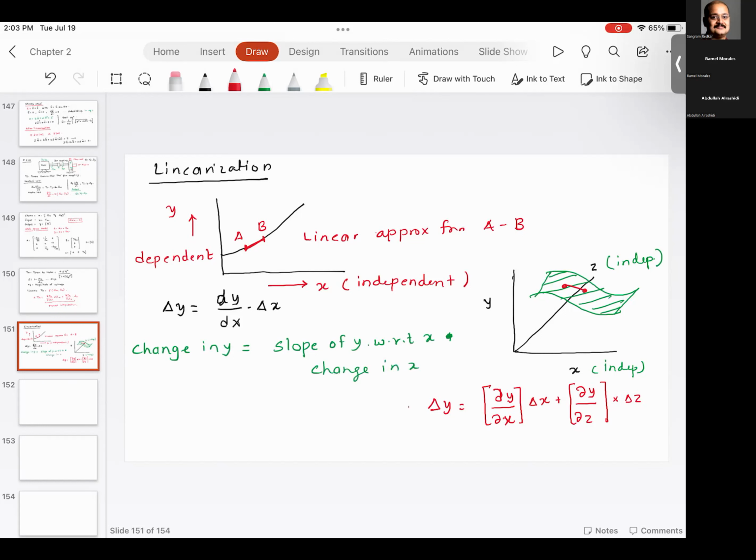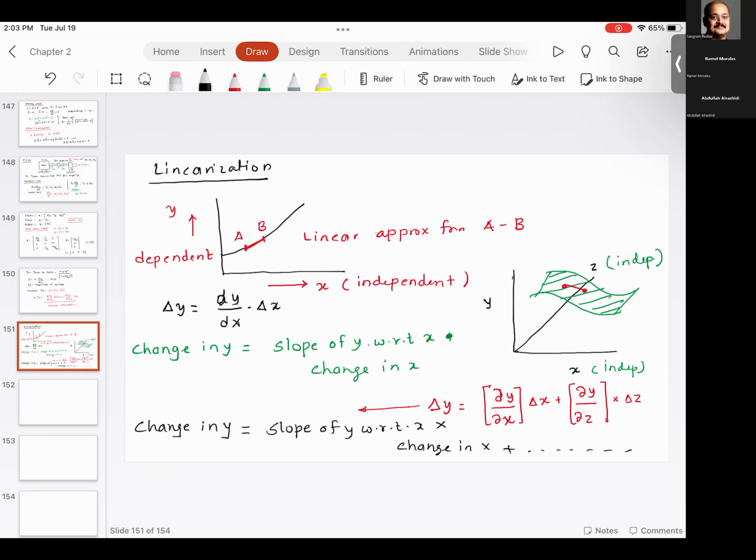But since there are these two variables, change in y is equal to slope of y with respect to x multiplied by change in x, and same thing for z. Everyone understood this?